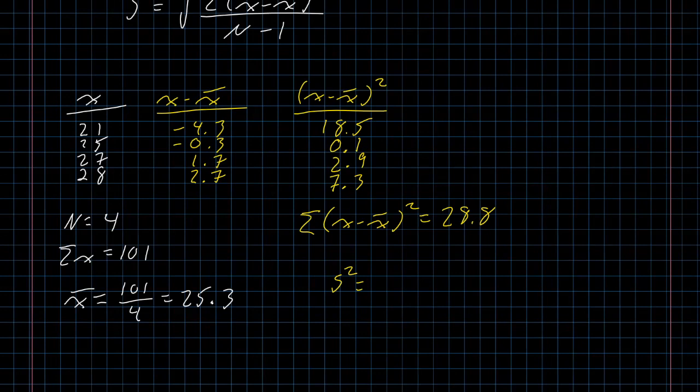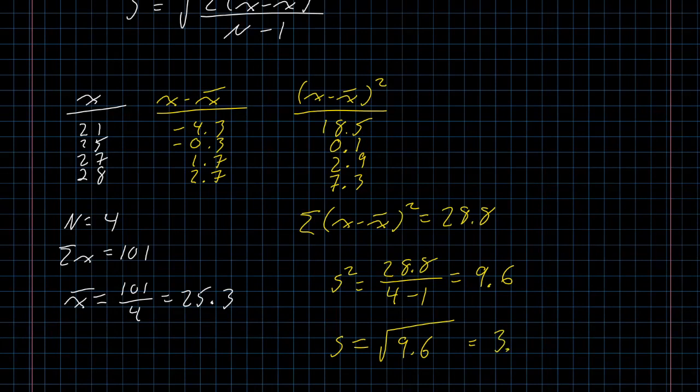And then I take that number and divide by n minus 1. 4 minus 1 is 3. 28.8 divided by 3 is 9.6. And then finally, the standard deviation is the square root of that number. My calculator tells me that the square root of 9.6 is somewhere in the ballpark of 3.1.